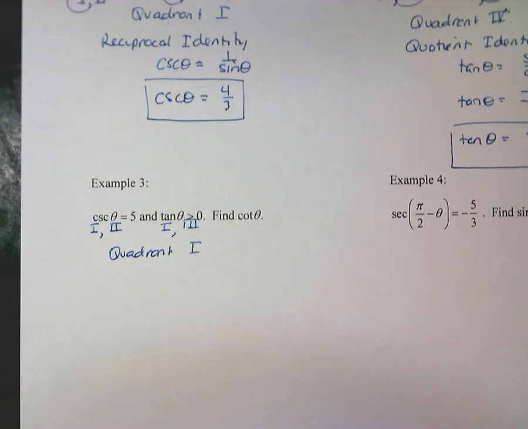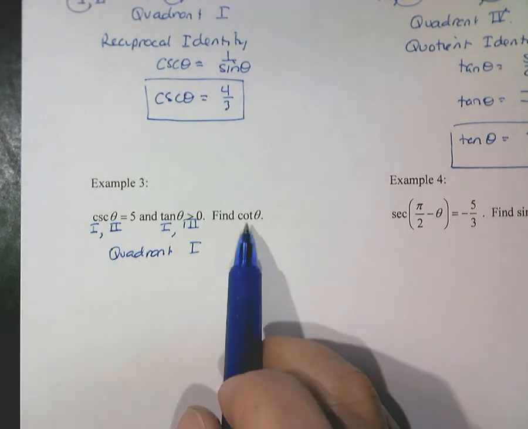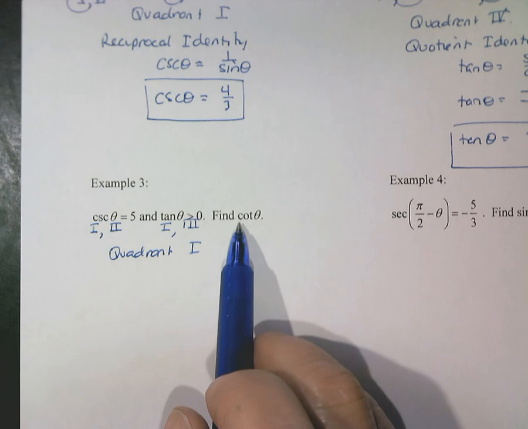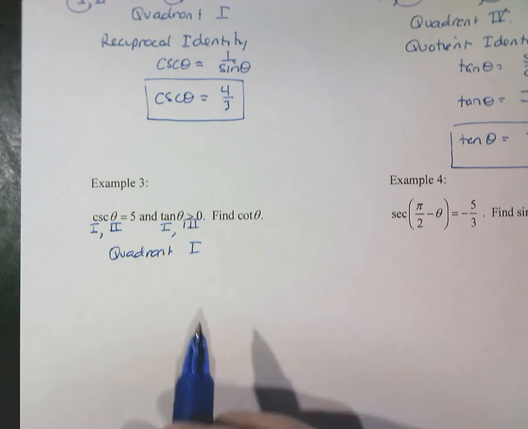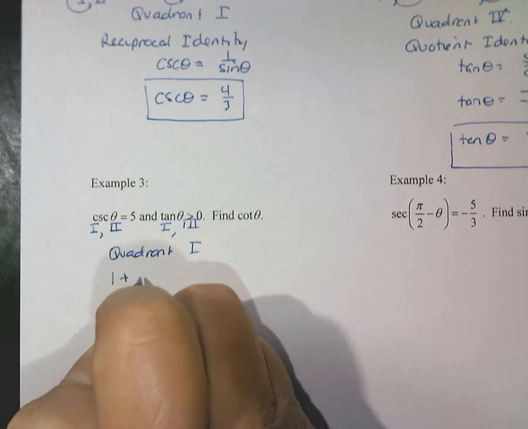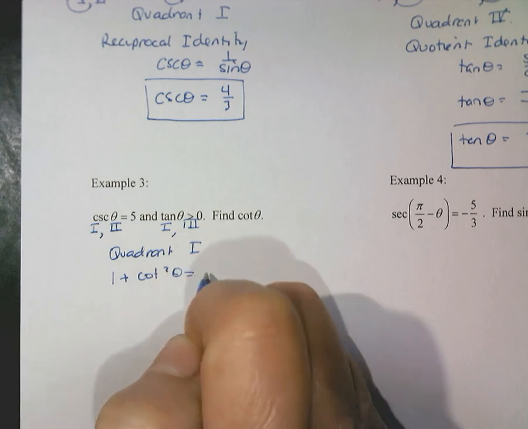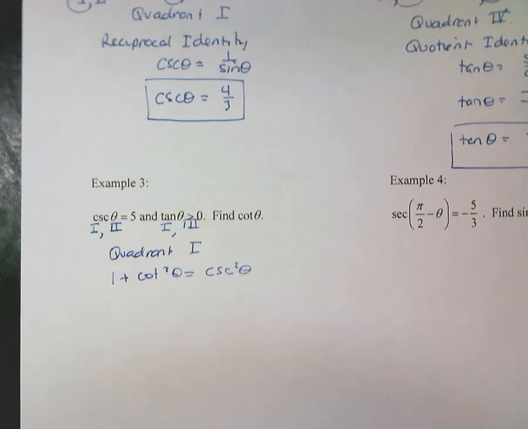So now I have to find a relationship between cosecant and cotangent. Looking back at my identities, I know 1 plus cotangent squared theta is equal to cosecant squared theta. This is a Pythagorean identity.